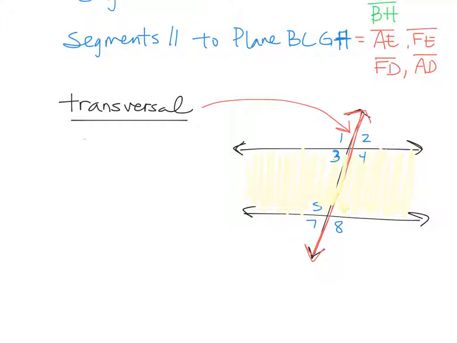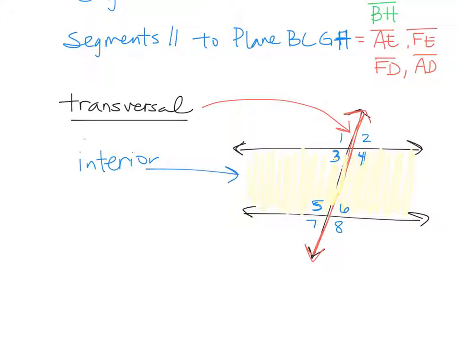So angle 3, angle 4, angle 5, and angle 6. We would say those are all on the interior, okay? The way you think of it is the two lines that we're cutting through, if they are between them, right? So everything between those two lines, that's in the interior, okay? Then you also have what are called exterior angles.